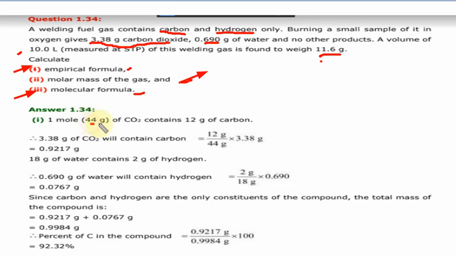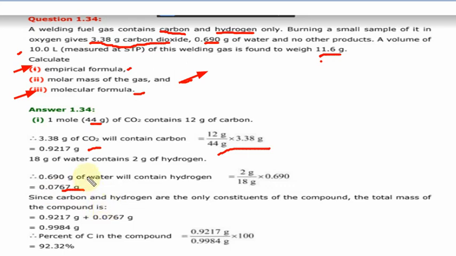This is the molar mass of carbon dioxide, and it contains 12 grams of carbon. So for 3.3 grams of carbon dioxide, we take this divided by this into this, and when we solve it we get 0.9217 grams. Similarly, they have calculated it for hydrogen.